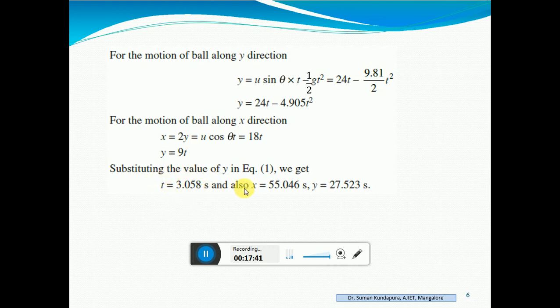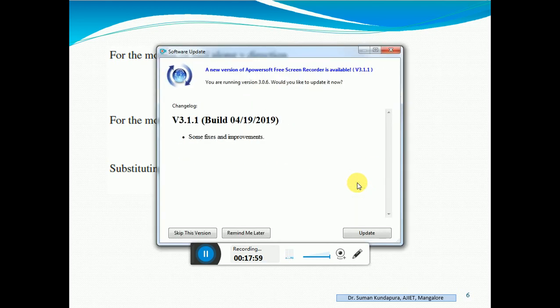And also find out what is the value of x and y. Once you get t, substitute in the x equation, that is 18 into t, you will get it as 55.046, and in the y equation, substituting the value of t, you will get it as 27.523.